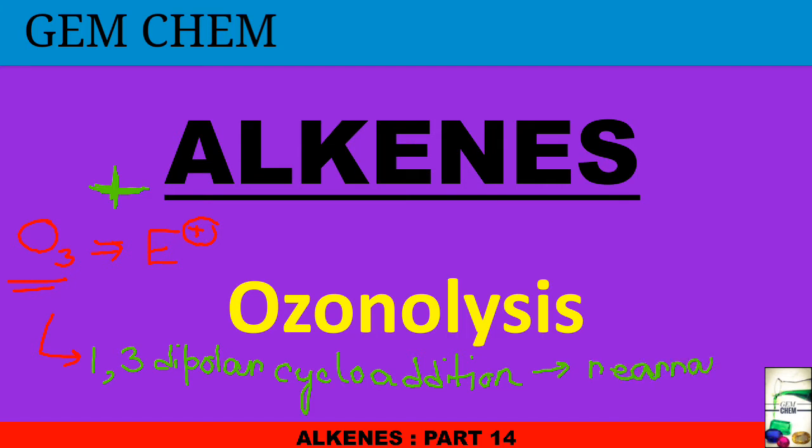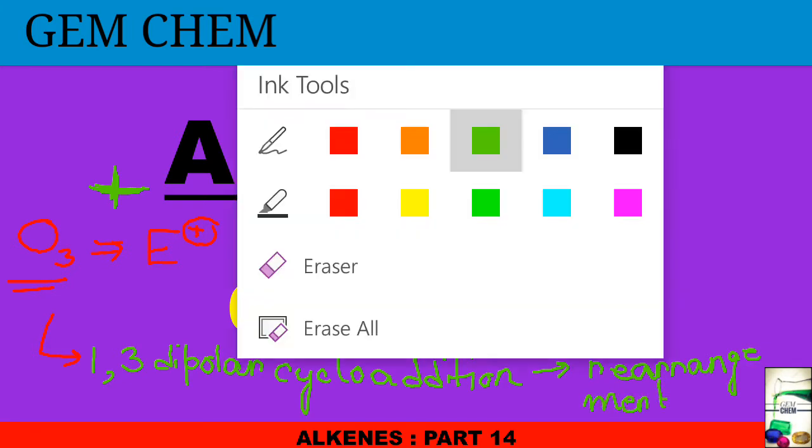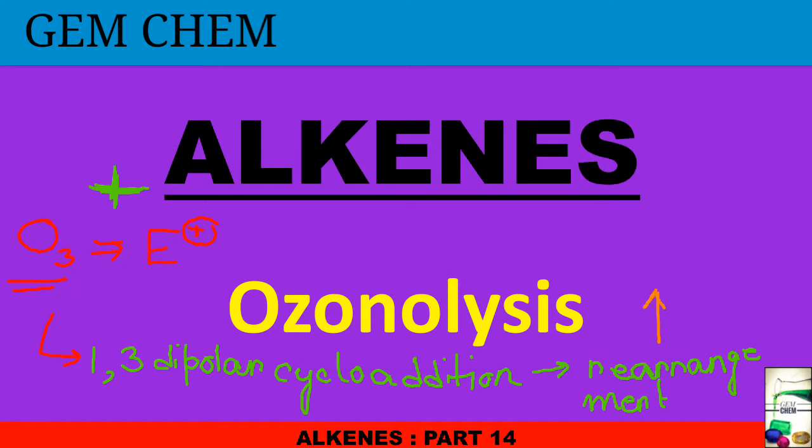This rearrangement part is very important, and rearrangement can result in different products. This rearrangement produces ozonides. What are ozonides? We will also see. From ozonides, cleavage occurs.